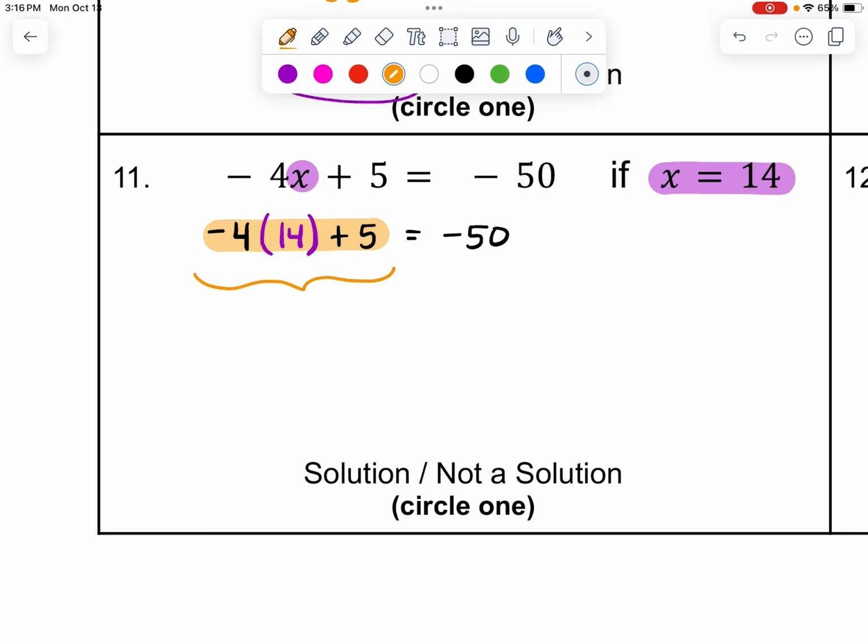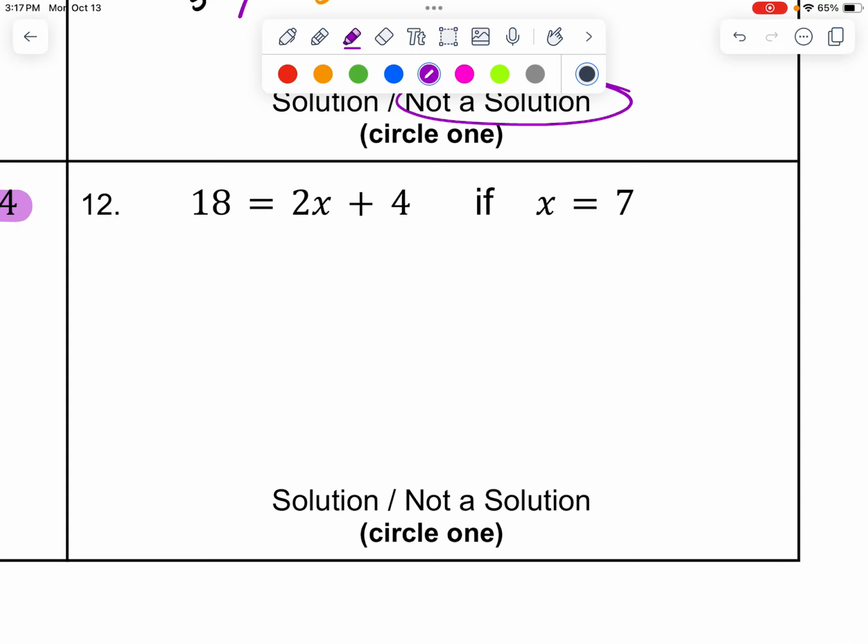When I do that, I get -51 equals -50. These are not equal, so I will say this is not a solution.